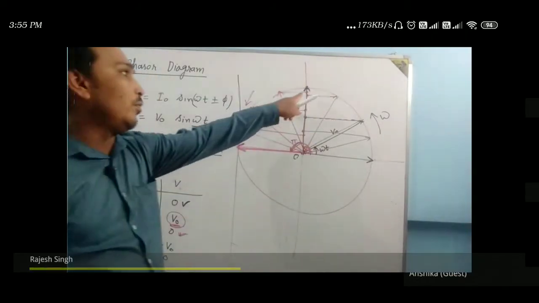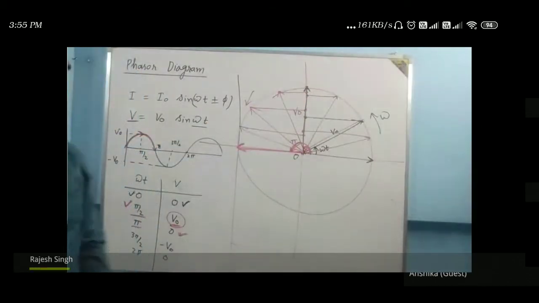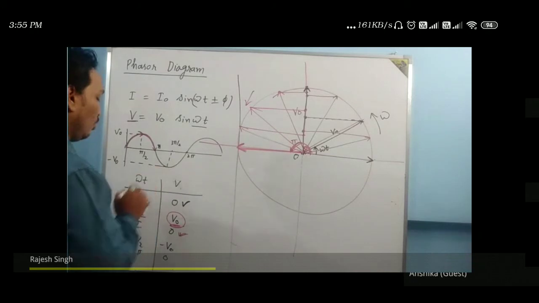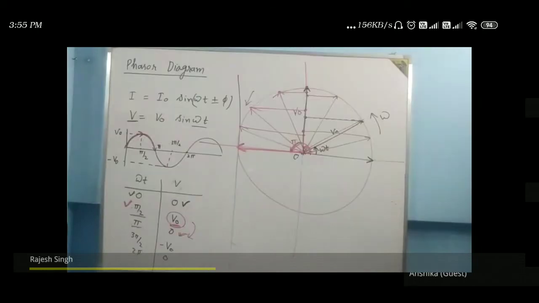Foot of the perpendicular here, then here, then here. It is going down. So when the angle goes from pi by 2 to pi, the value of V goes from V naught to 0. Is it clear? Raise your hand. Okay, very good.